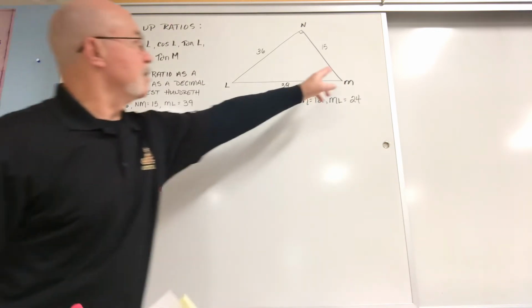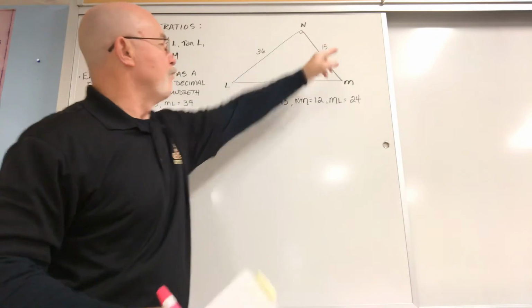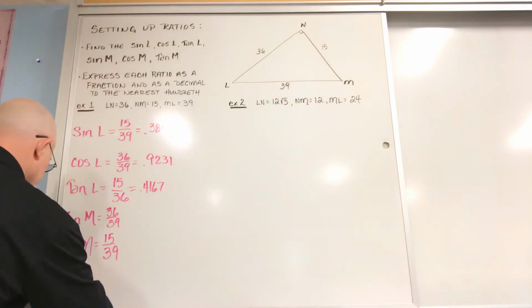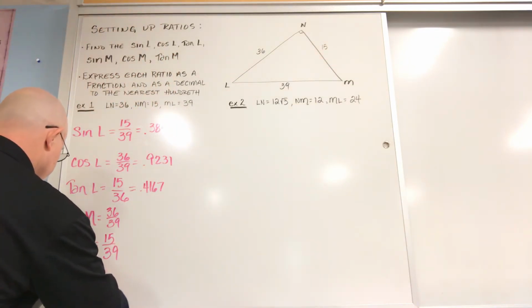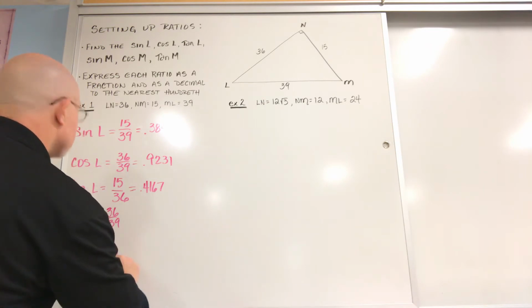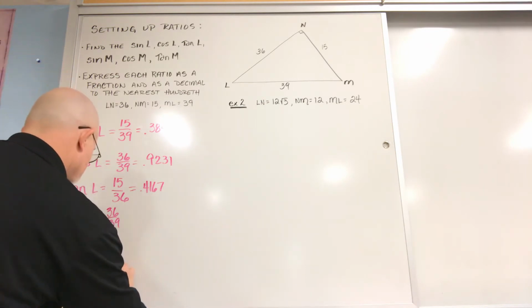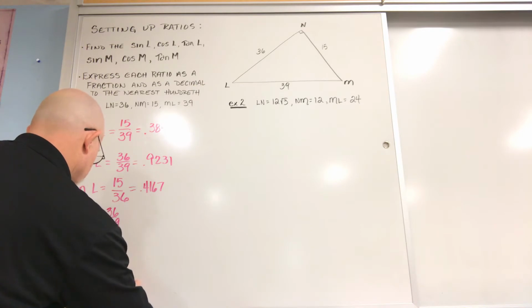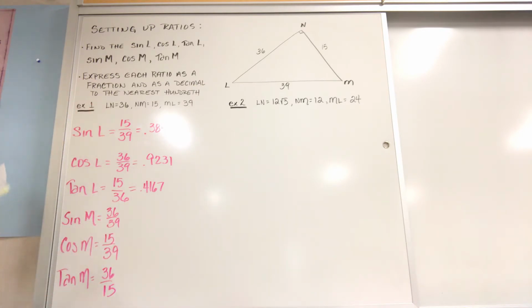Okay, and finally the tangent, opposite leg over adjacent leg. And we turn those into decimals. Okay?